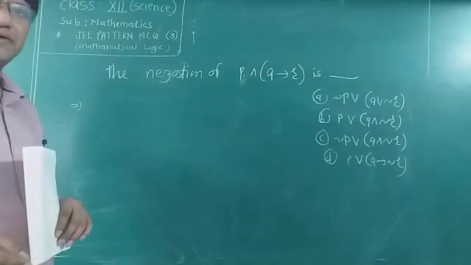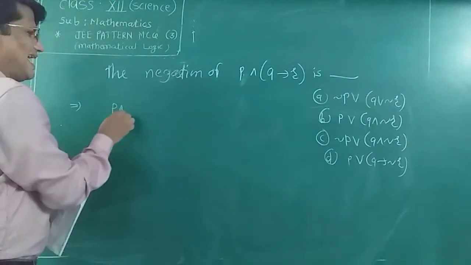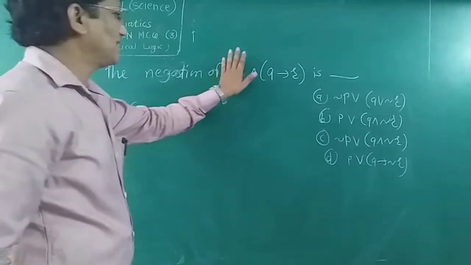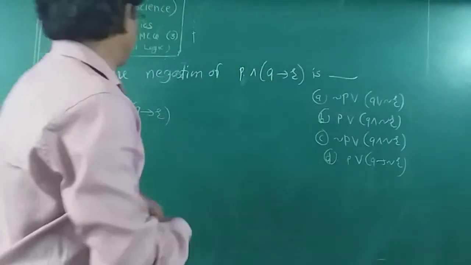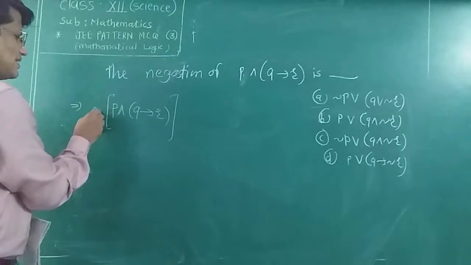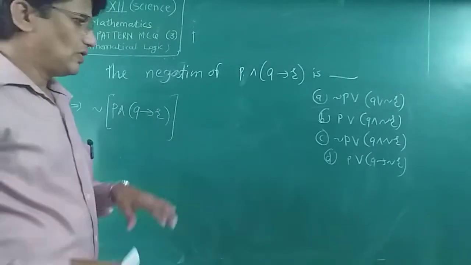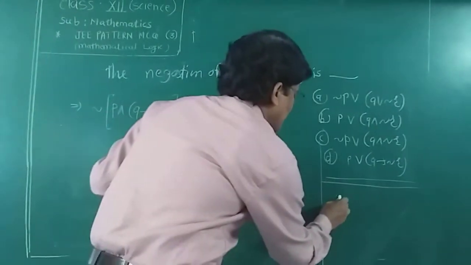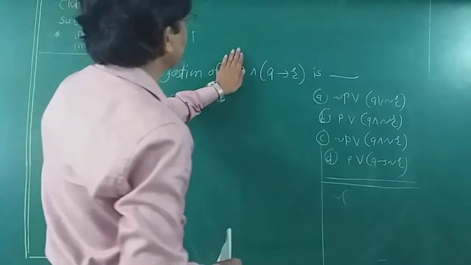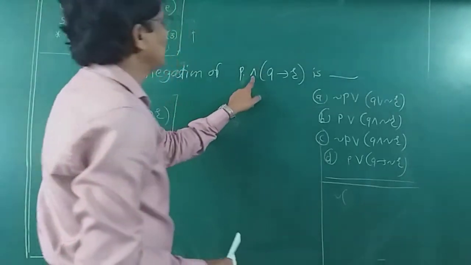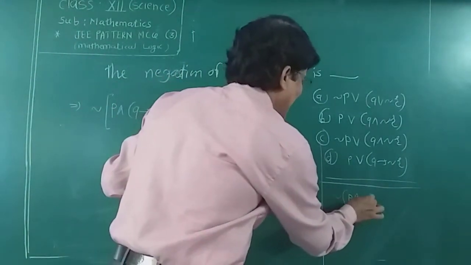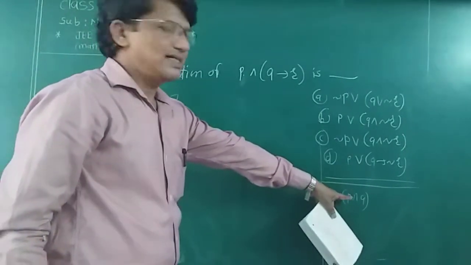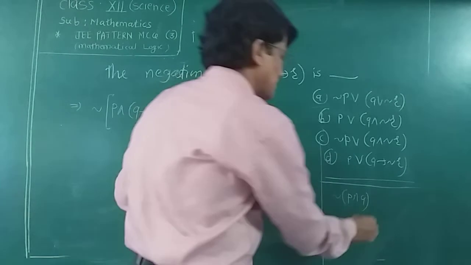Let's start our answer. P and Q implies with R, and we have to find the negation of both. This means use a square bracket and use negation, and we know some rules. Here I am writing the rules. Negation of what? This is the first term, the second bracket, in between and. So P and Q. This is a conjunction and we are finding its negation.